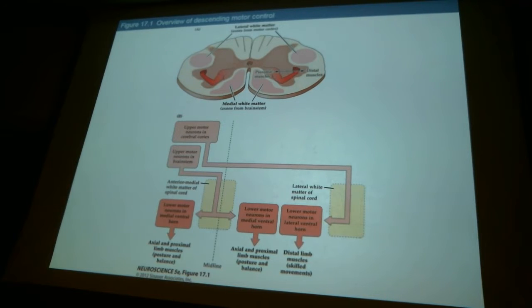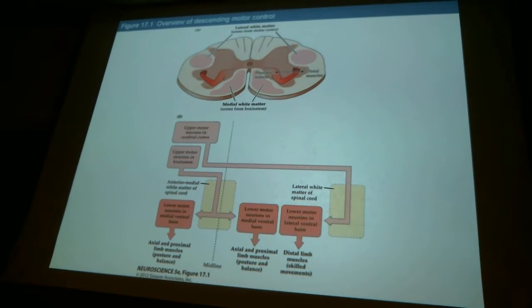So how do you think that differentiates the function of these two areas? Which one of these do you think controls grasping? Obviously, the cerebral cortex. Which one do you think is involved in standing and postural information? That would be the brainstem neurons going to the medial portion.